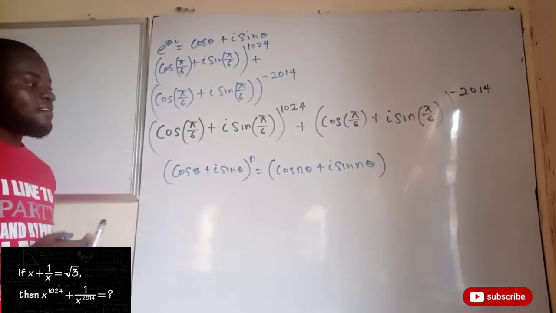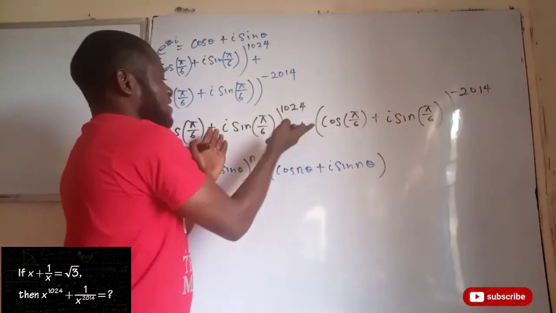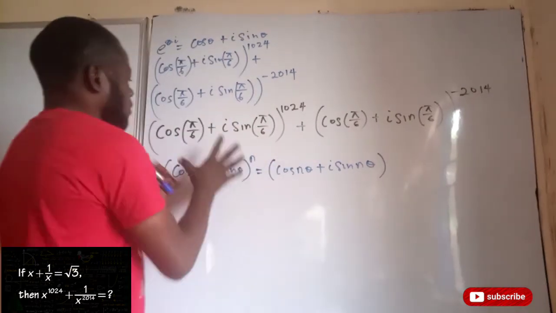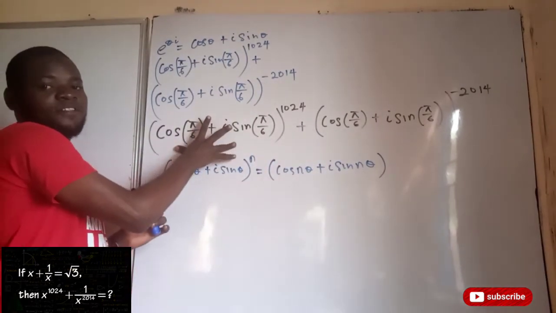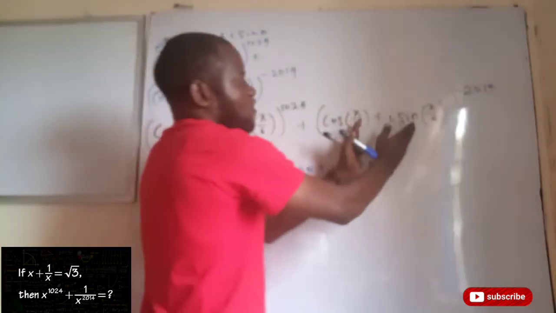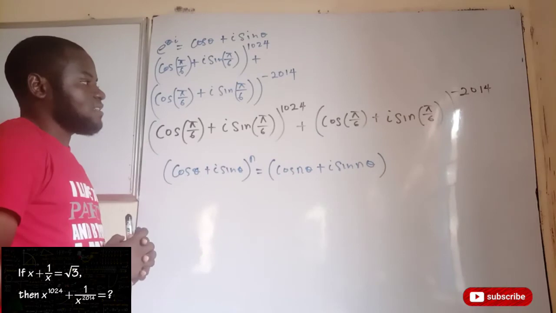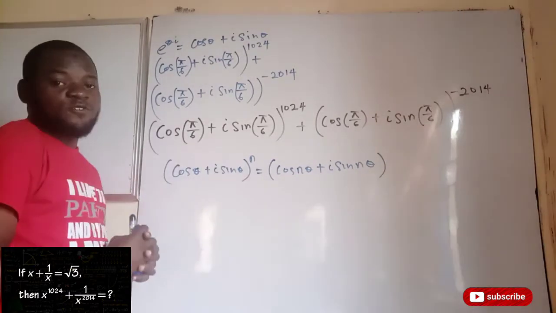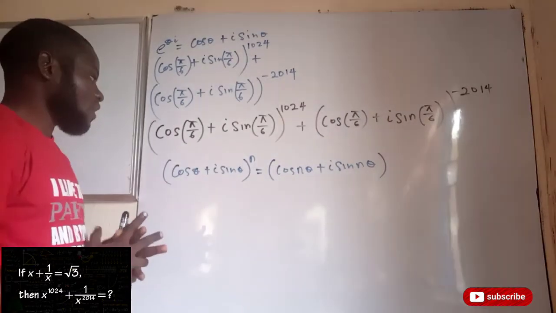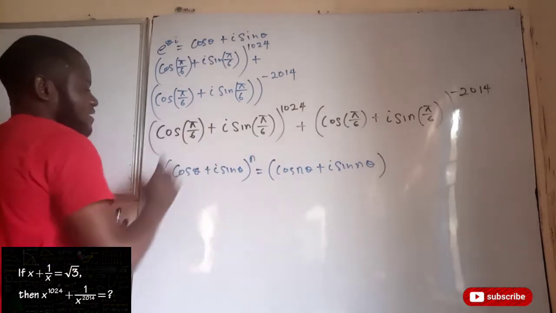Are we together? Okay, if we apply this, let's focus on this one only for now, then we'll later focus on the other in order to avoid mistakes and in order for the board not to look cumbersome. Okay, we are focusing on this now.